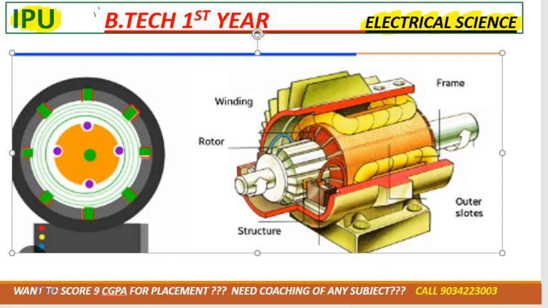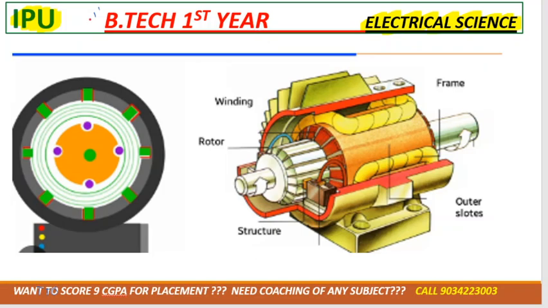I'll show you practically. This is a practical induction motor. As you can see, this is the cut view structure of the machine. In this there are fins; I'll tell you what the role of fins is. And you can see that this one is the rotor, and I told you that rotor windings are like this.